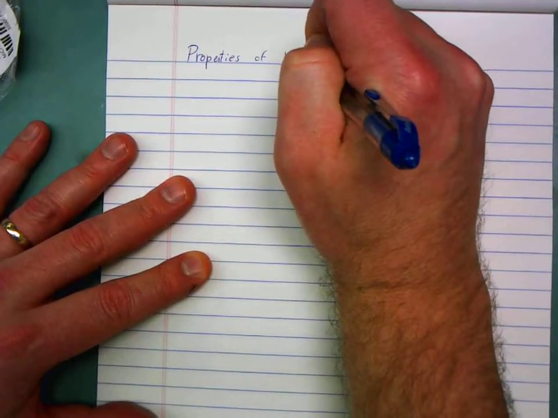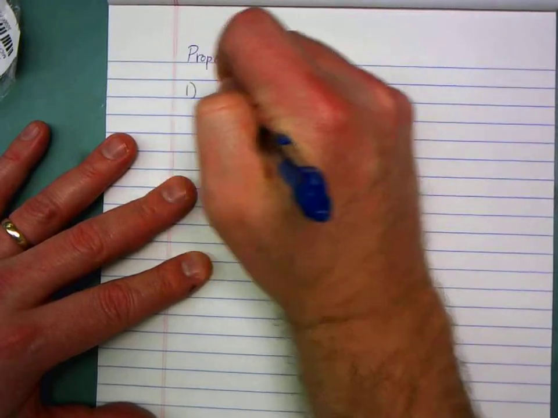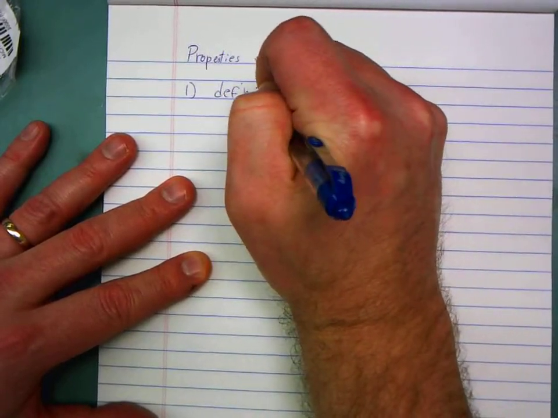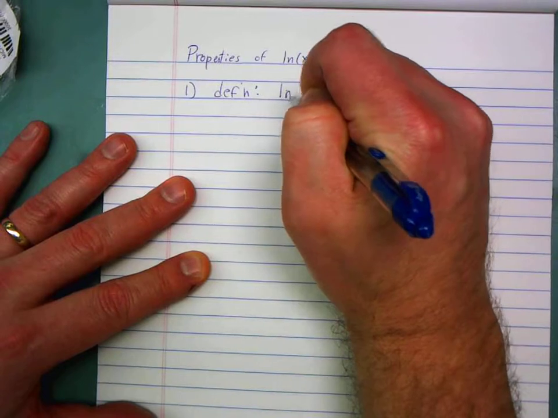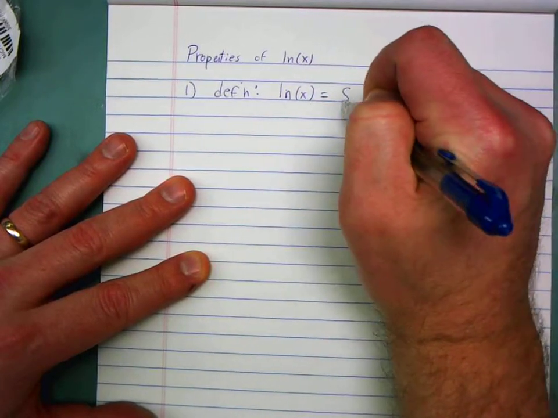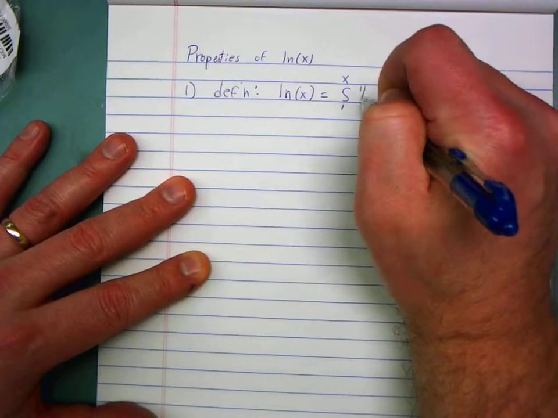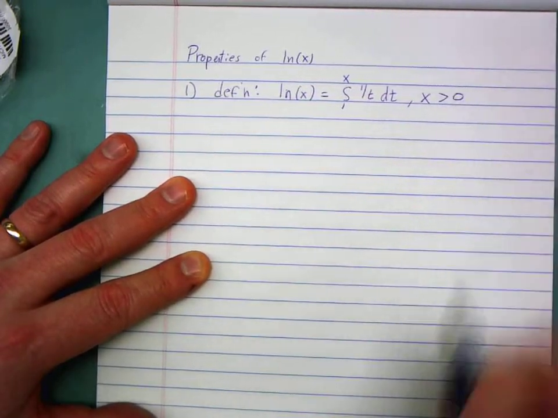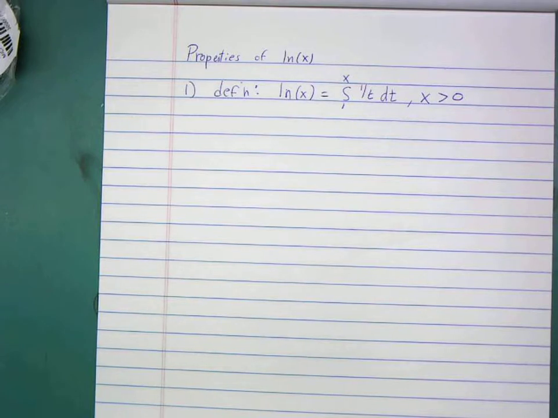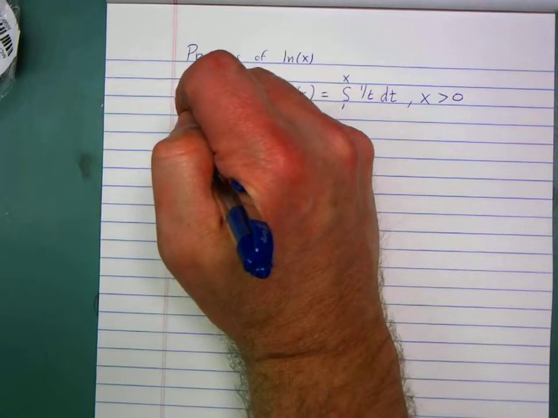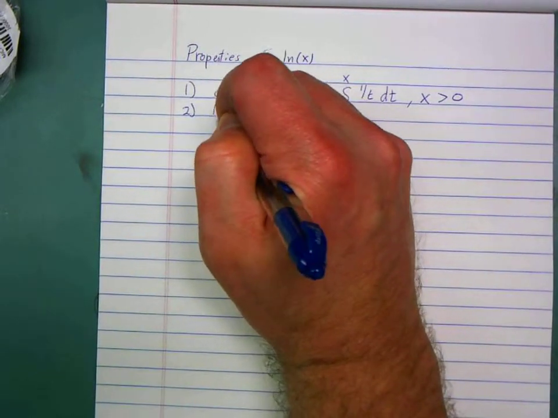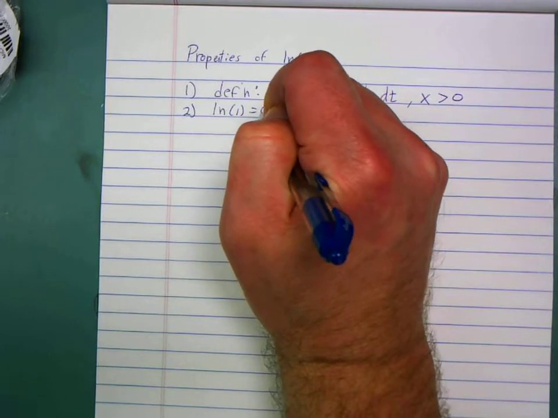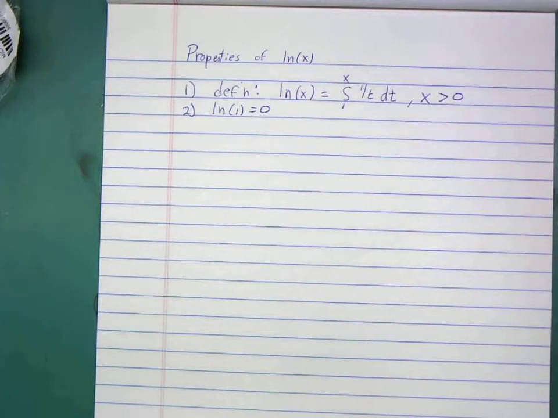All right, so number 1, again, I'm going to write down the definition. The definition is ln of x is the integral from 1 to x of 1 over t dt. And x has to be a positive number. So that's the first property. The first property is just the definition. Property number 2: ln of 1 equals 0.